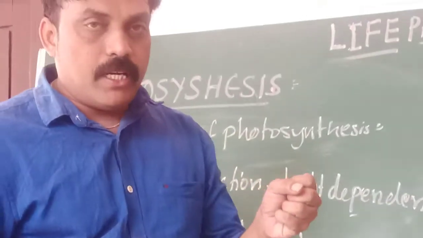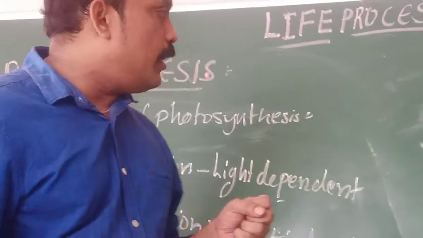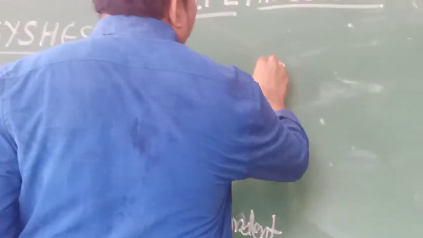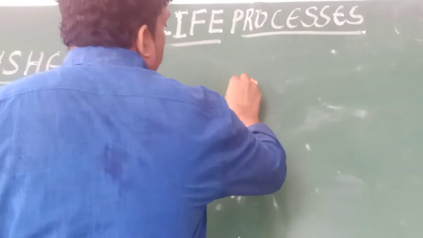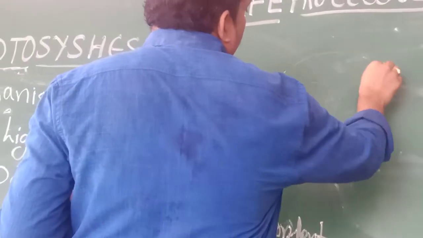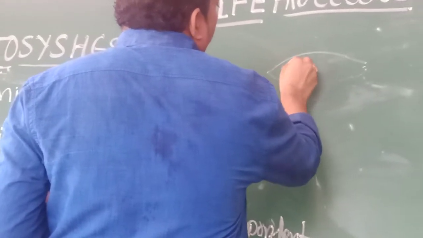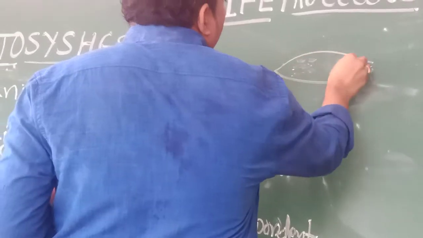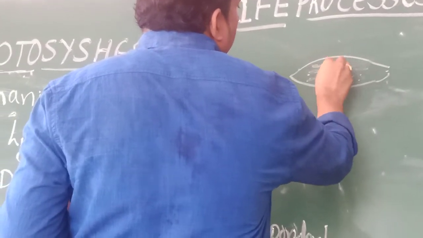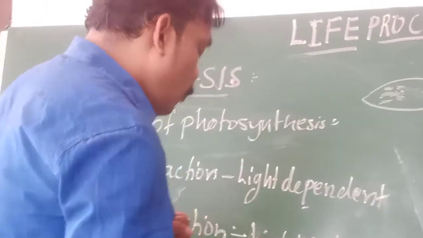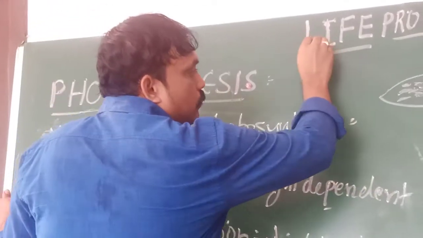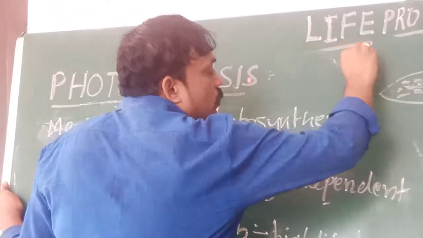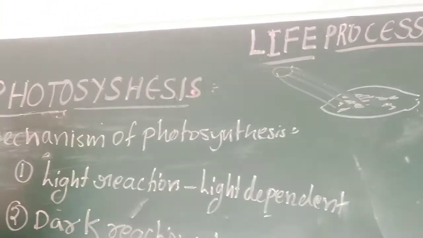The chlorophyll pigment is actually in a leaf. Let me draw a rough diagram. This is a chloroplast. Observe, in the chloroplast, chlorophyll pigment is there. This chlorophyll pigment traps the sunlight and it will be activated.